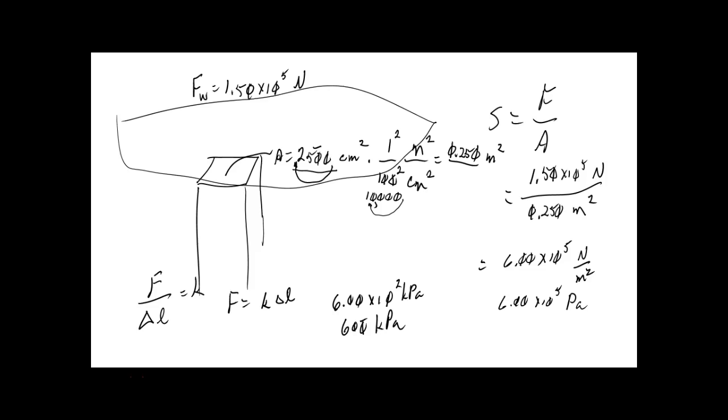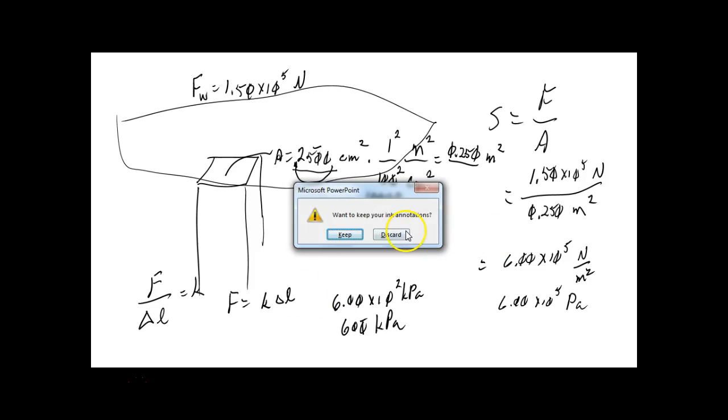And Hooke's law says the ratio of the force applied to an object to its change in length resulting from being either stretched or compressed, like we just did in this previous example, by the applied force, is constant as long as the elastic limit has not been exceeded. Okay? And that's going to lead us to the next slide.